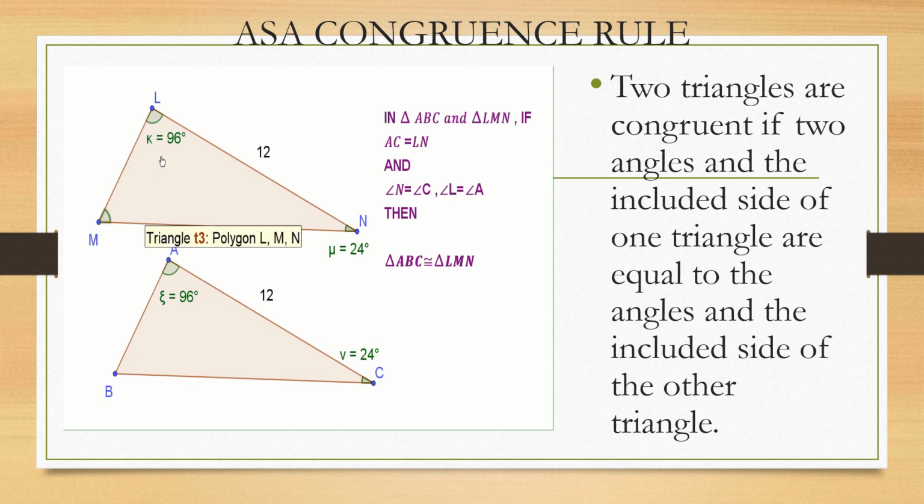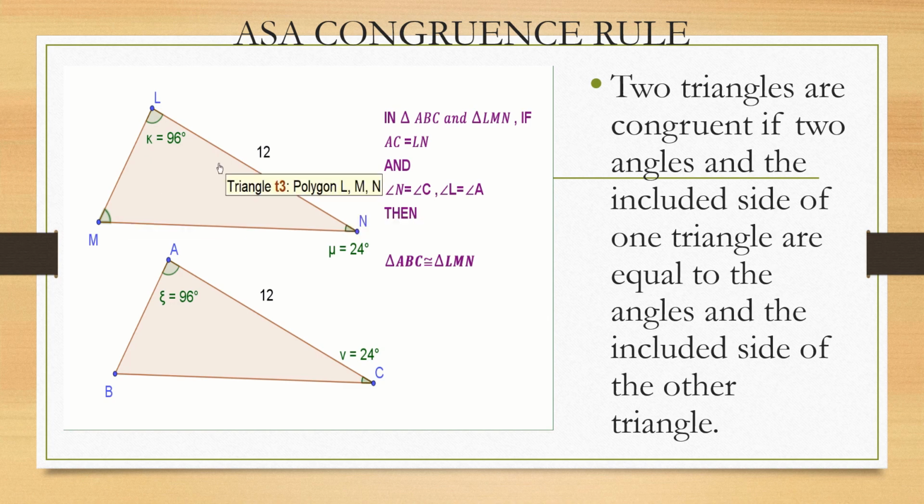So this ASA rule can be slightly extended and called the AAS rule. That means it is not necessary that the side which we know should be in between the two angles.